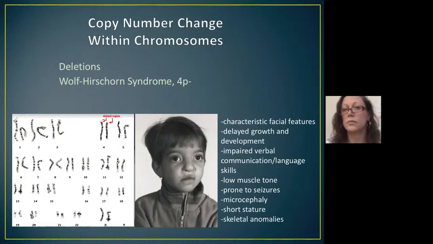Could a person have this 4P problem but not have the syndrome? There's a specific gene in that region that has to be deleted in order for this phenotype to show up, and that's on a smaller scale. This is how we see it on chromosomes.